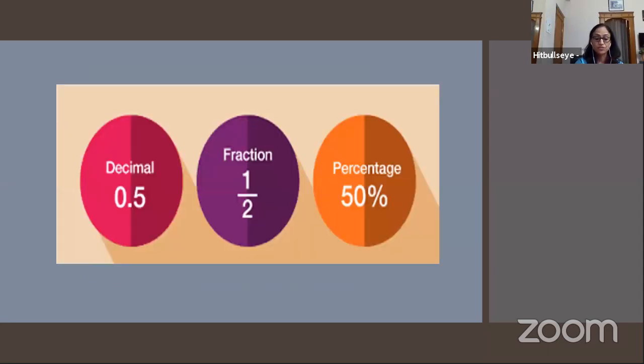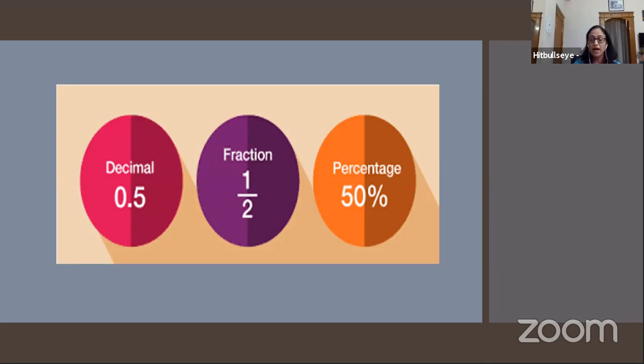And what I mean by very good at percentages is what is explained here in the next chat window. That is, you need to be very much aware of the conversion of a percentage to a fraction, and from a fraction to a decimal. Now, you must be thinking, you would have done this way back in junior classes in school, right? So why am I talking about it again? It's because it comes very handy with the information. Something like what is displayed on the screen right now is something that you keep using in your day-to-day life.